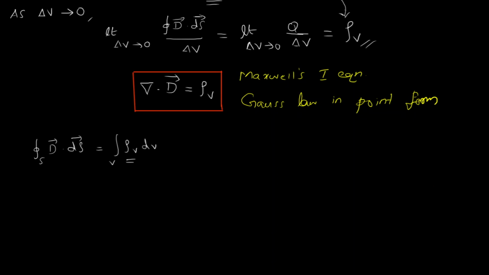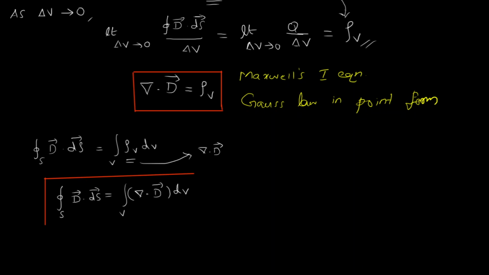And now I know that rho v is the divergence of D. So substituting rho v as del dot D, I get the volume integral of del dot D dv. So the closed surface integral D dot dS will be equal to the volume integral of del dot D dv.